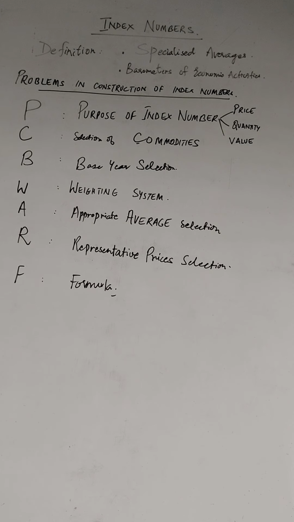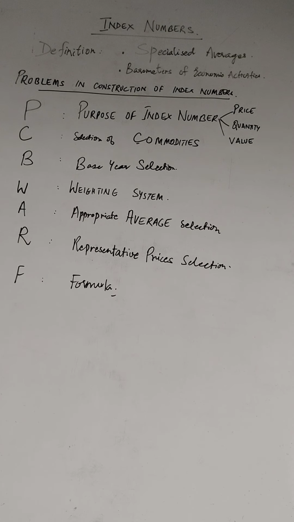Alright, so when you're talking about what average you have to use, because they are specialized averages, a choice regarding the average to be used has to be made. Since median ignores extreme values, while arithmetic mean is affected by them, theoretically geometric mean is considered to be the most appropriate average.